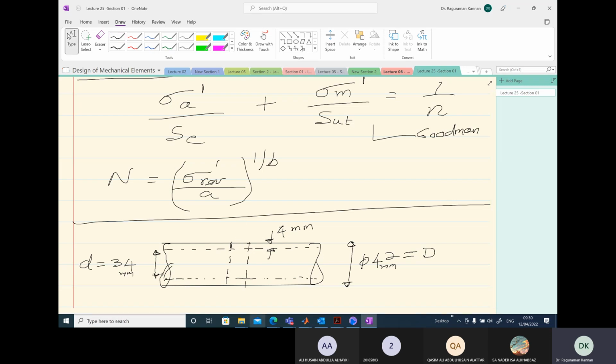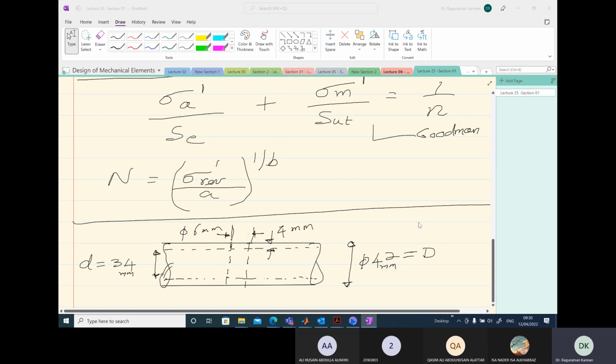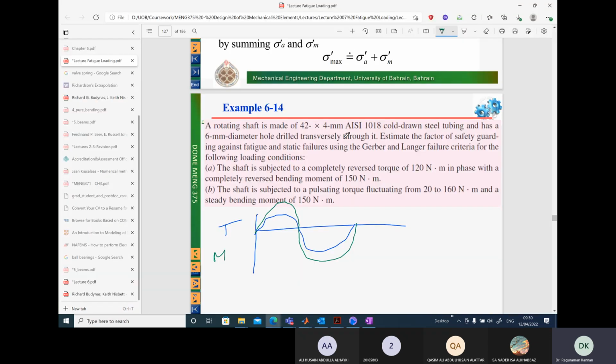Transversely, there is a circular hole of 6 mm diameter here. Which means if I take a look from the top, I'm going to see a hole over there. Okay, so the presence of the hole will give the pipe some stress concentration effects, and we'll have to take that into account.